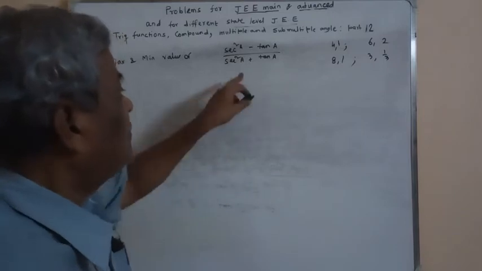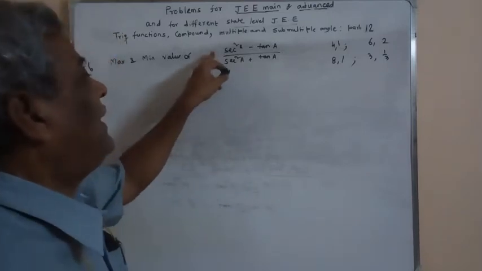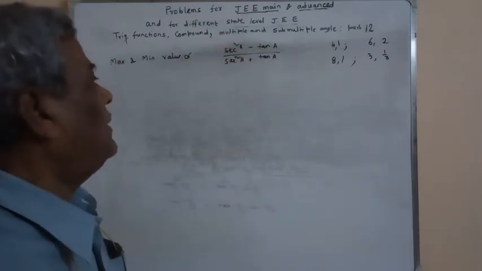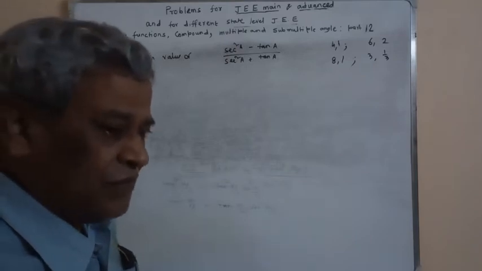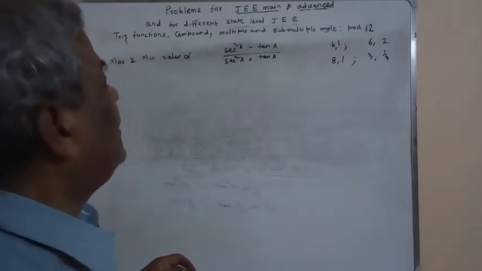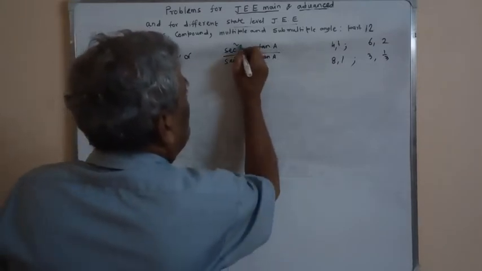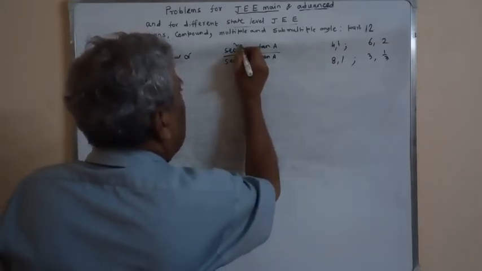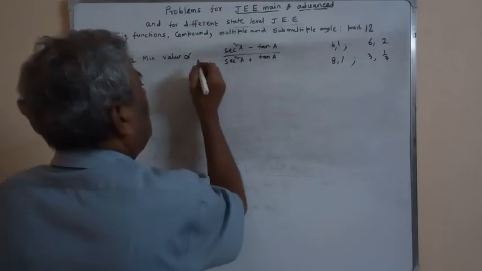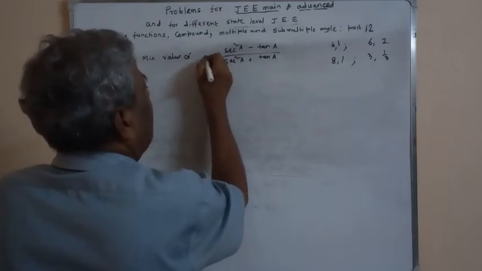Now this is a trigonometric expression involving the angle A. So we have to find its minimum and maximum value. Let us suppose that this is x.